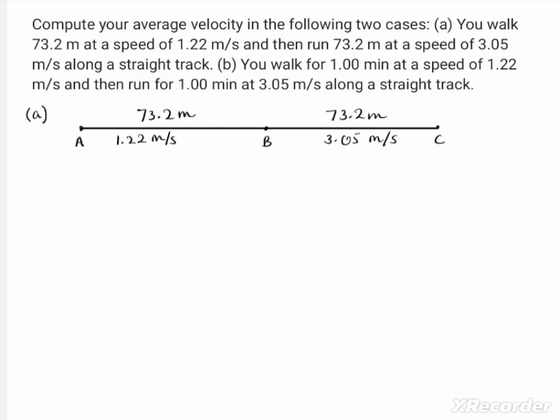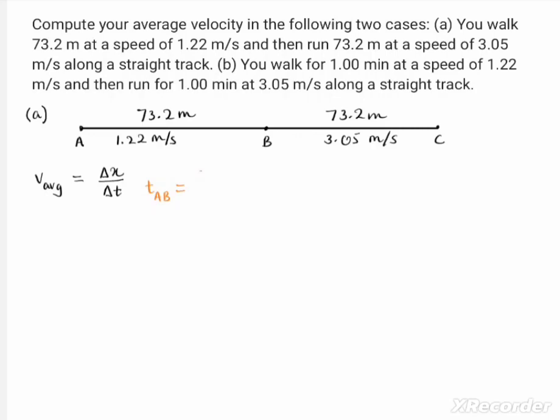So let's just try to find the average velocity. We know that average velocity is displacement over time. But we need to do this from A to B and then from B to C. So from A to B, we have our time, let's say TAB, which is equal to the displacement over the velocity.